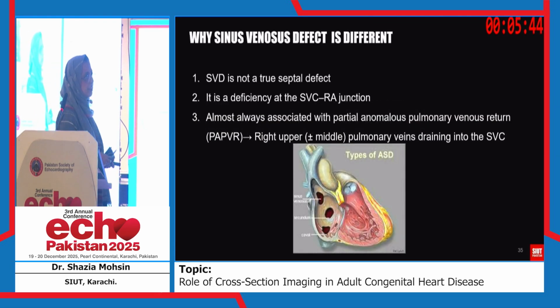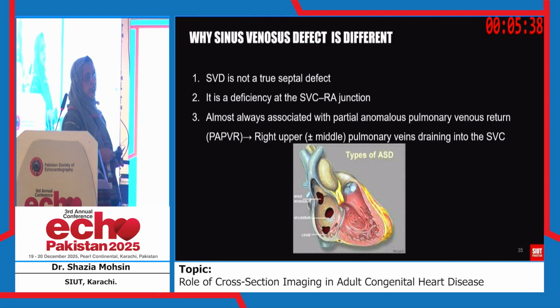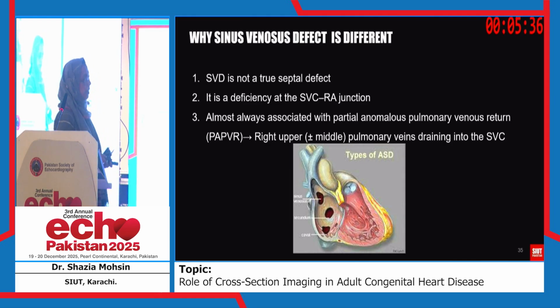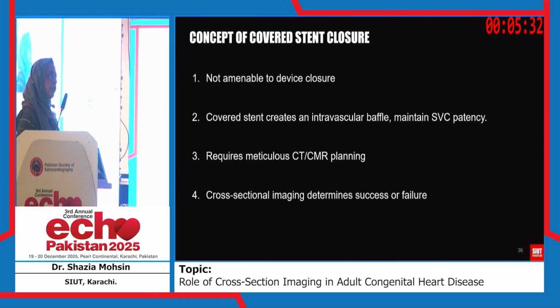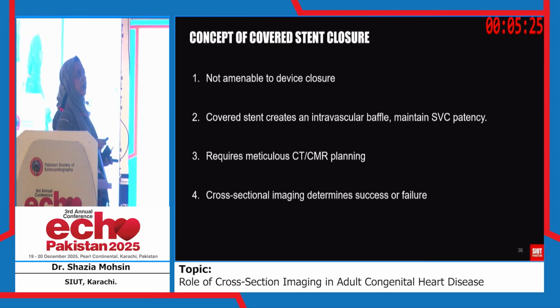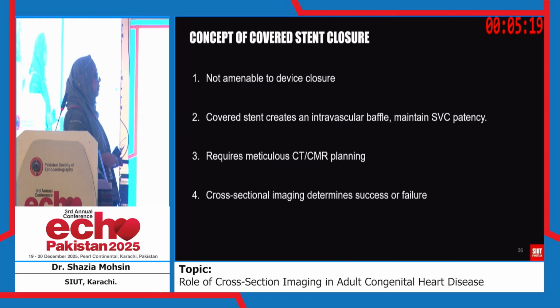A sinus venosus defect is different from ASD. It's a defect between the SVC and the RA junction, with unroofing of the right upper pulmonary vein, and it is not amenable to device closure but to a covered stent. The covered stent creates an intravascular baffle that maintains the SVC patency but blocks the right upper pulmonary vein.